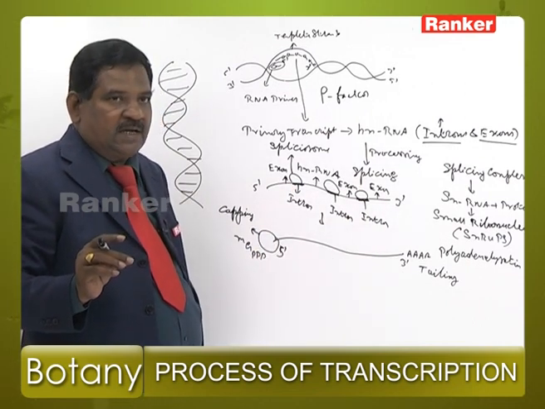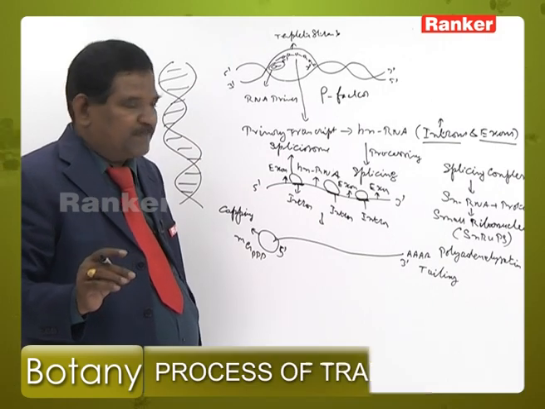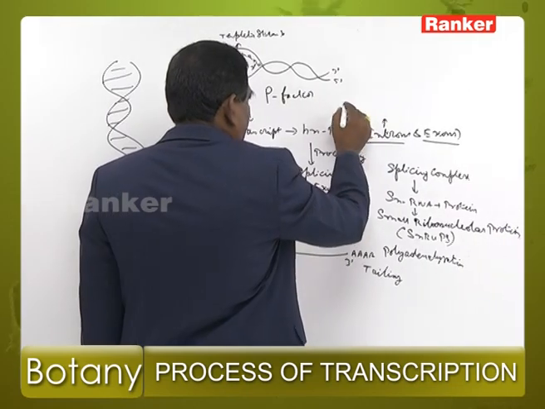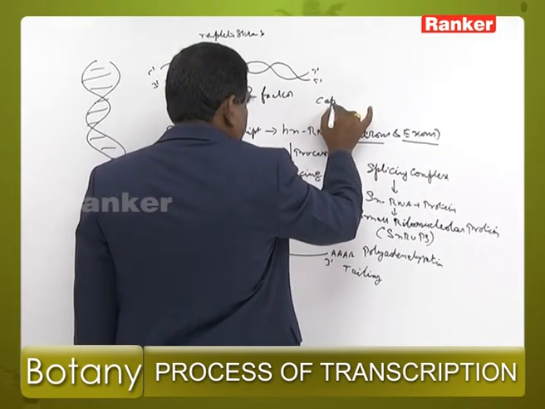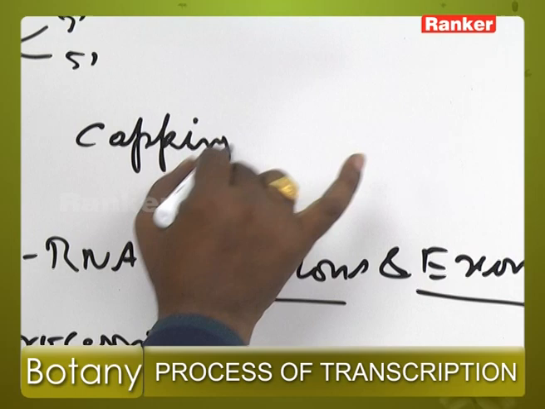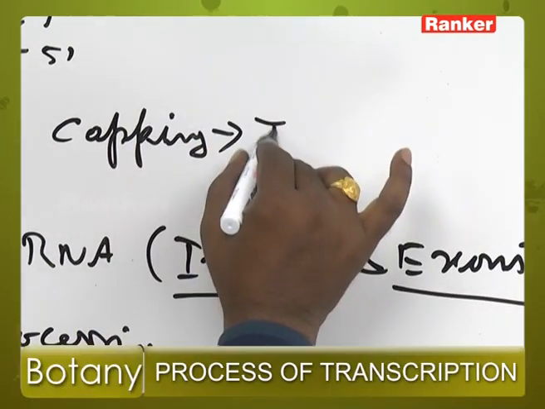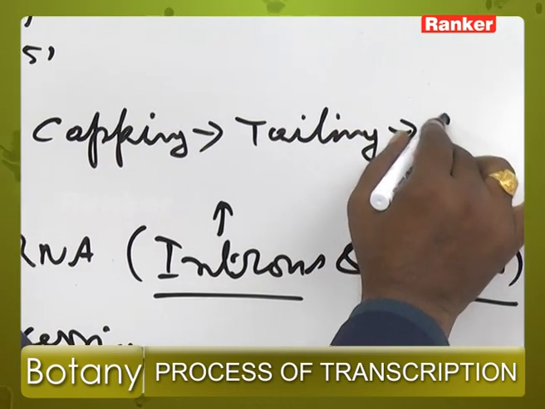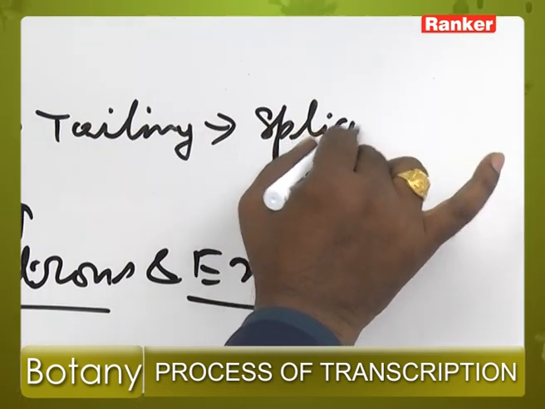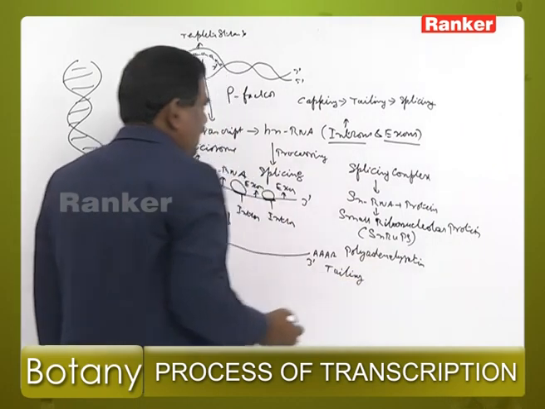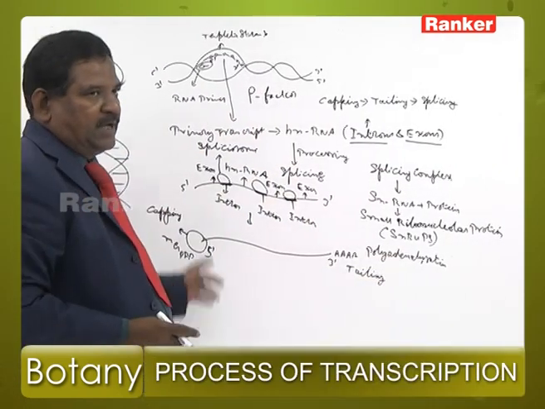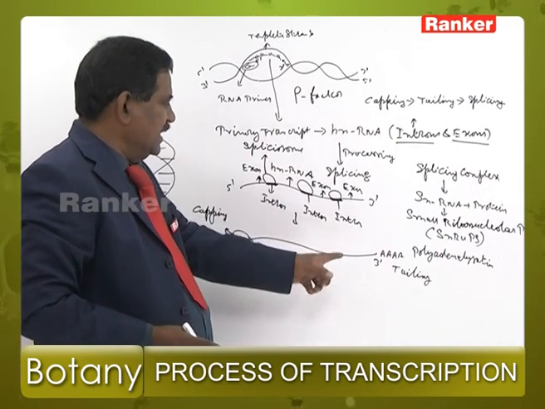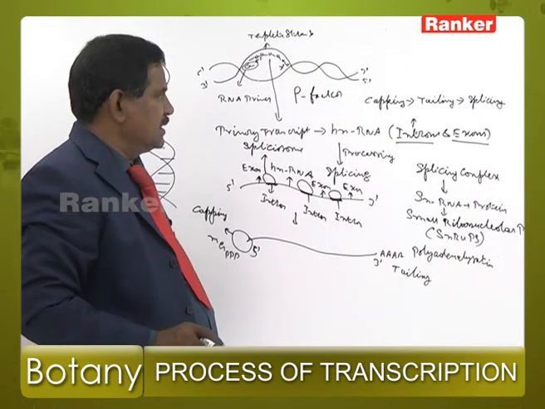The sequence of steps in processing: first capping, next tailing, next splicing. Capping, methyl guanosine triphosphate. Tailing, many adenines.